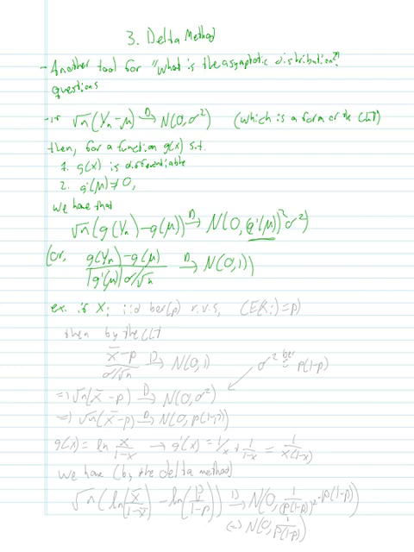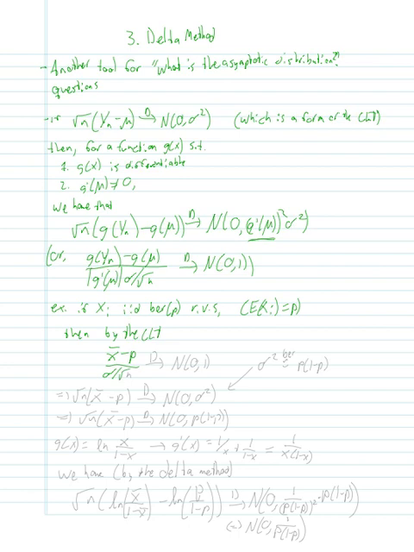So an example for that, right? If X_i's are IID Bernoulli parameter p random variables, then we know by the CLT that X bar minus p, because expected value of X_i is equal to p, right?